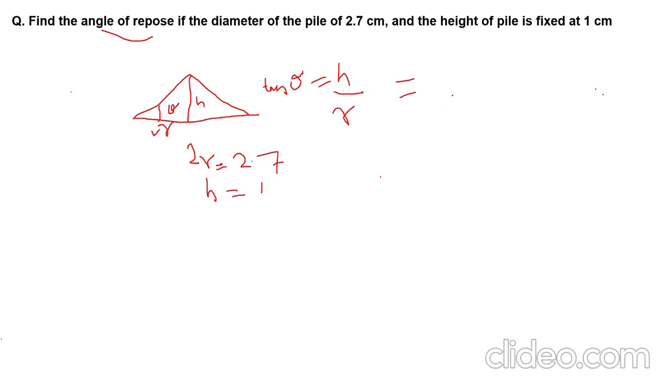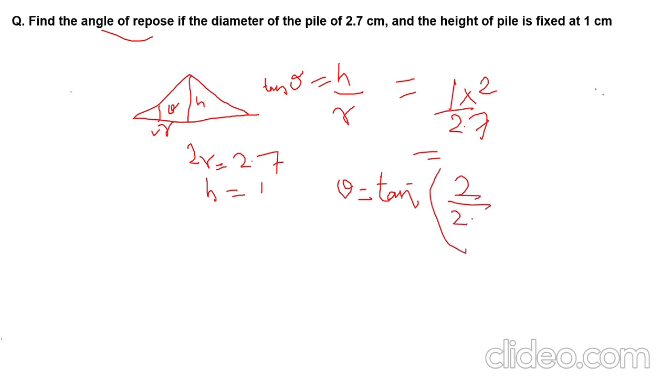That will be 1 by 2.7 divided by 2, so that will be 2 by 2.7. You can calculate theta from here. That will be tan inverse of 2 by 2.7. You can calculate it and let me know what the answer is.